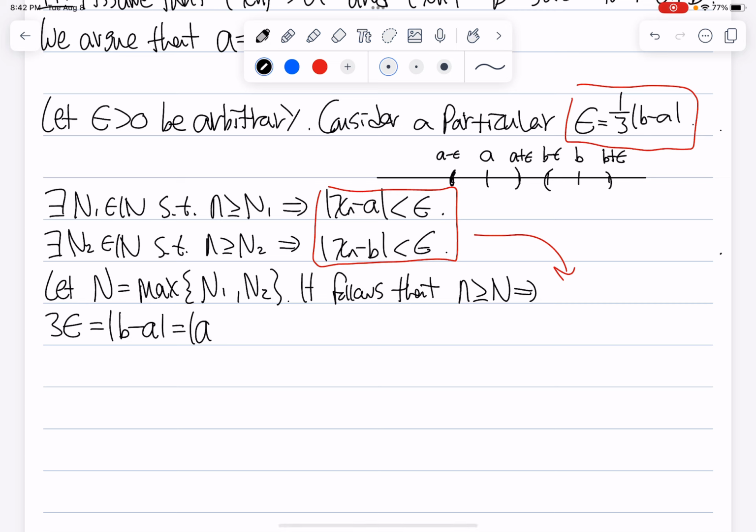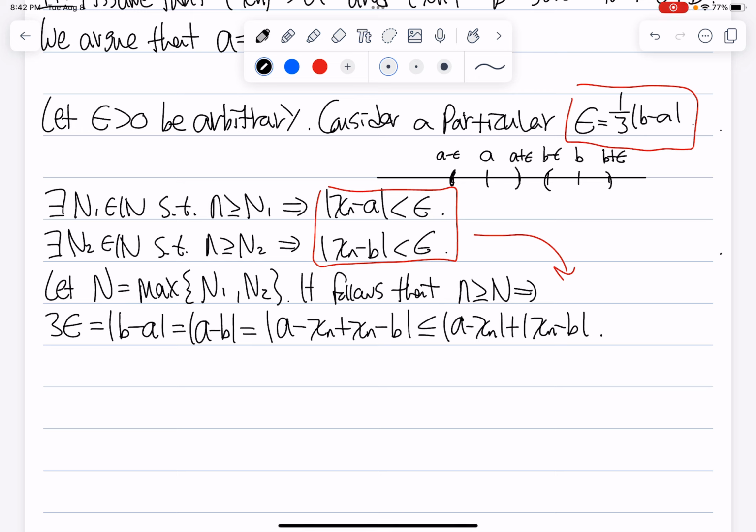This is the same thing as saying the absolute value of a minus b, written as a minus xn plus xn minus b. So we're going to subtract xn and add xn, which we can do, which is going to be the same expression. And by using the triangle inequality, this is going to be less than or equal to the absolute value of a minus xn, plus the absolute value of xn minus b.